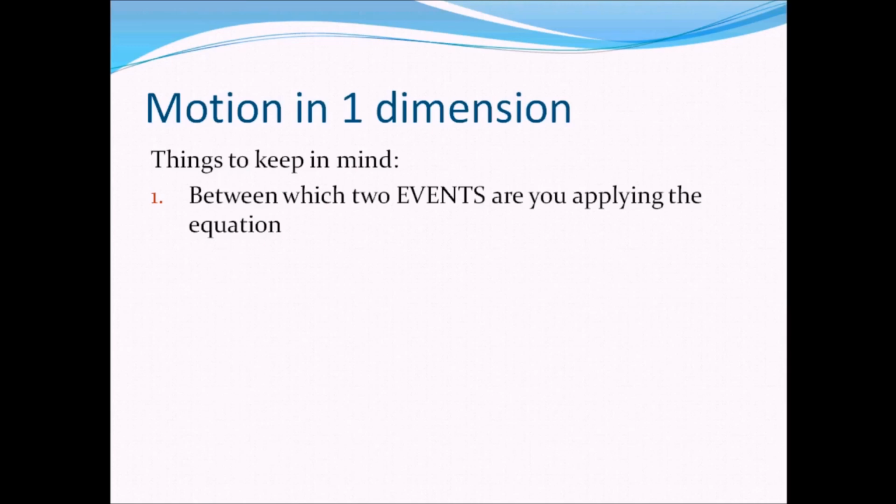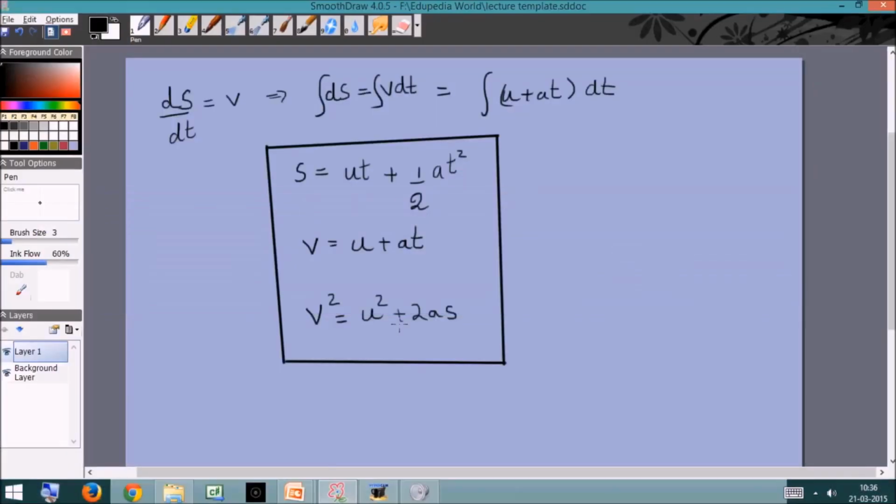So before applying the equations, we need to be very clear about between which two events we are applying the equation. We need to know that we need only 3 out of the 5 equations. Out of S, U, V, A and T, once we know 3, we will be able to calculate the other 2. Okay, so let's take some cases.